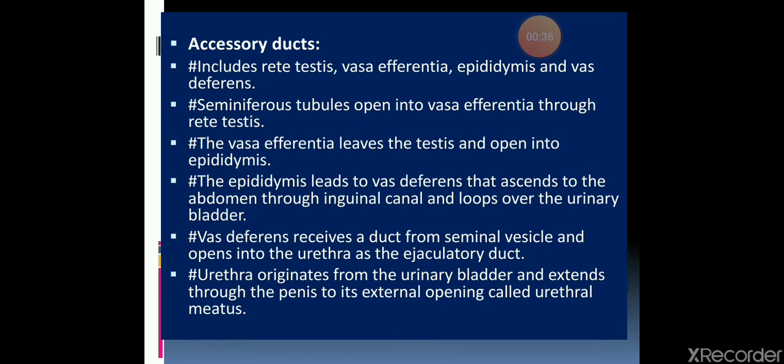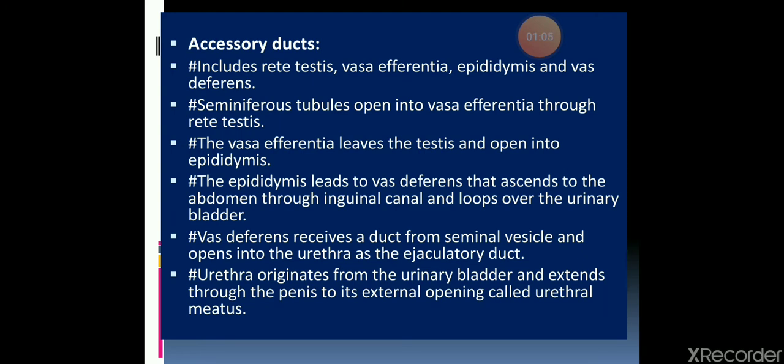So now again the accessory ducts, just go through the terms, you will understand now. Rete testis, vasa efferentia, epididymis and vas deferens. So the connectivity you can realize now. Seminiferous tubules will be connected to rete testis. Rete testis will in turn get connected to vasa efferentia and epididymis, and then to the vas deferens. So seminiferous tubules open into the vasa efferentia through the rete testis. So all these points we saw in the video.